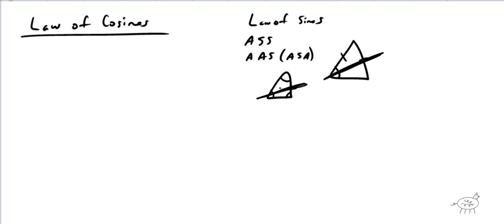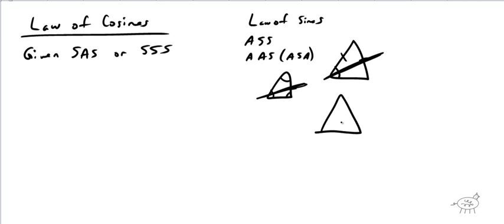But now we're going to do something where we're given side angle side or side side side. Just to sketch it over here, think about it. If I give you side angle side, you have no opposite ratio, right? I don't have anything opposite an angle or side to make a ratio, so I can't use it.